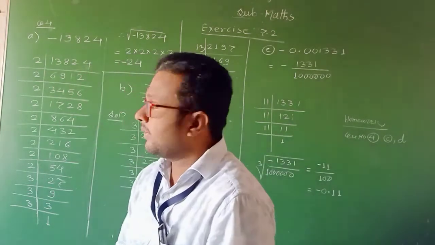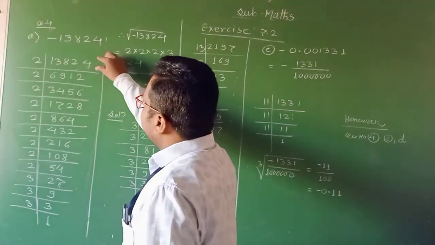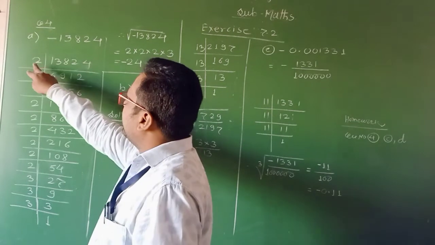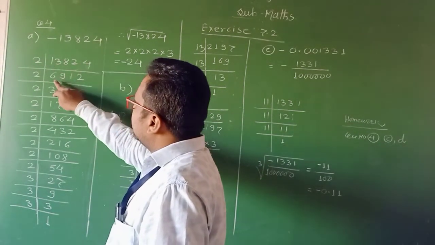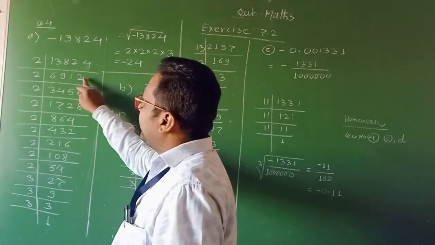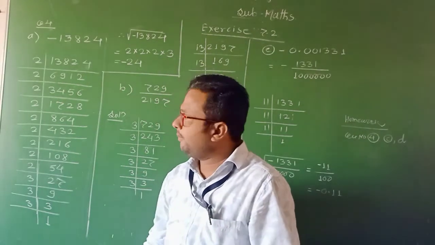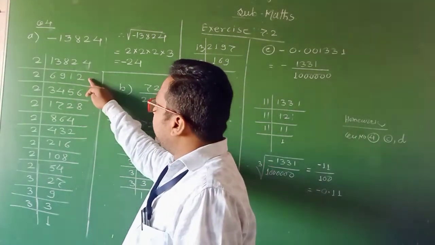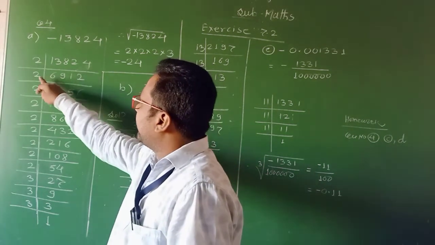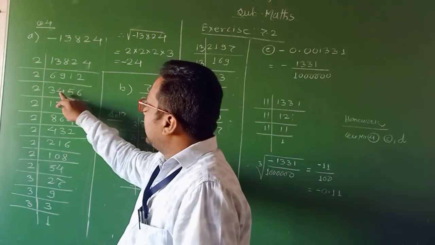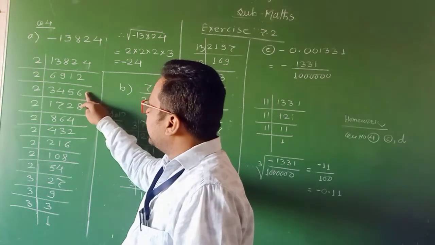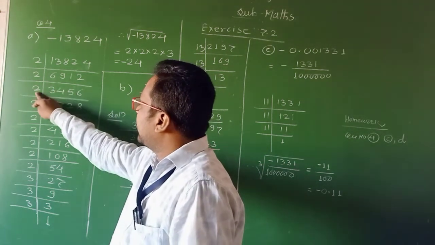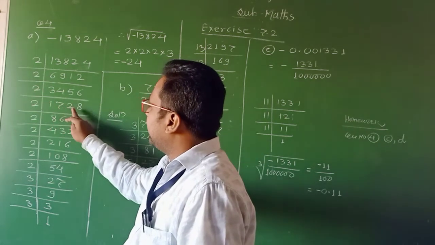13,824. This number is even, so it is divided by the first prime number, 2. After division we get 6912. We can do the division in rough. This is also divisible by 2, and we get 3456. Again divided by 2, we get 1728.